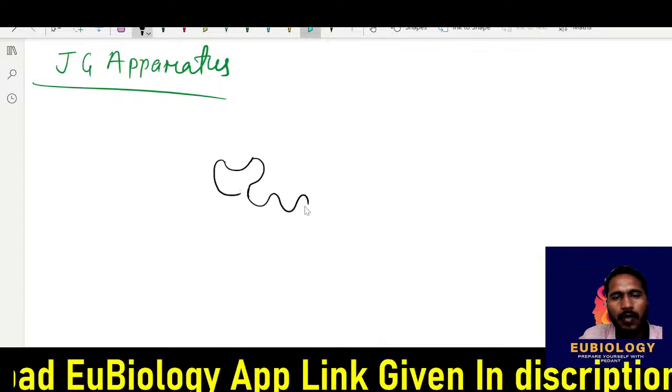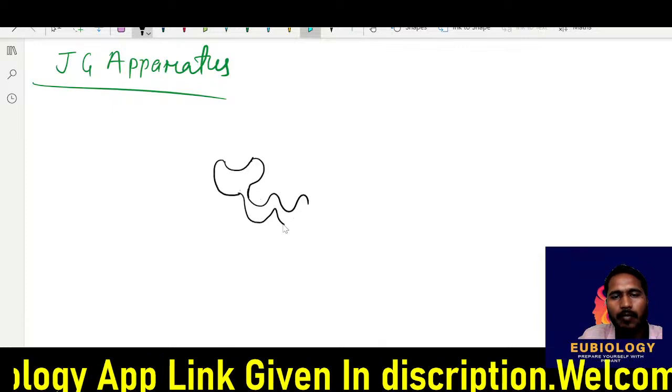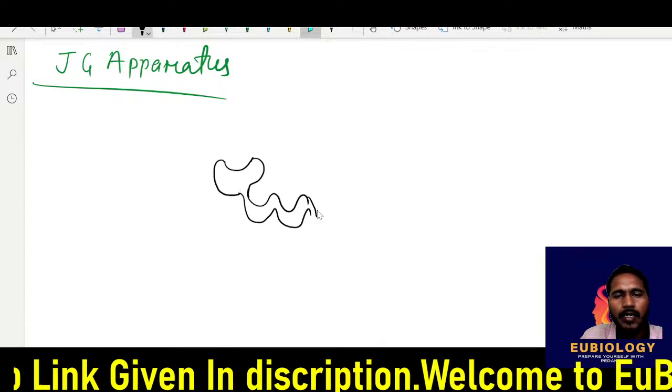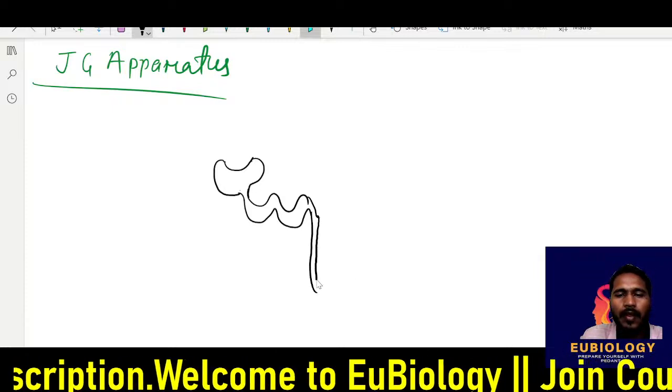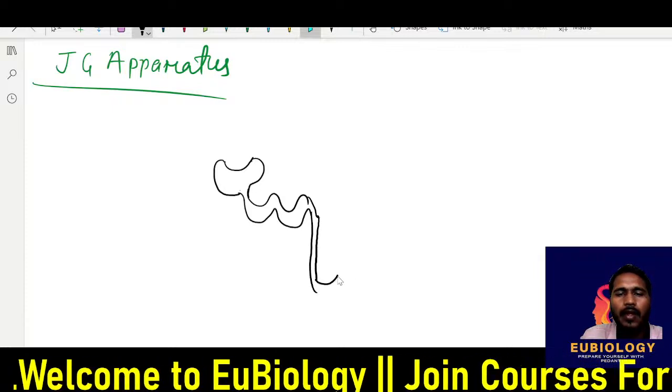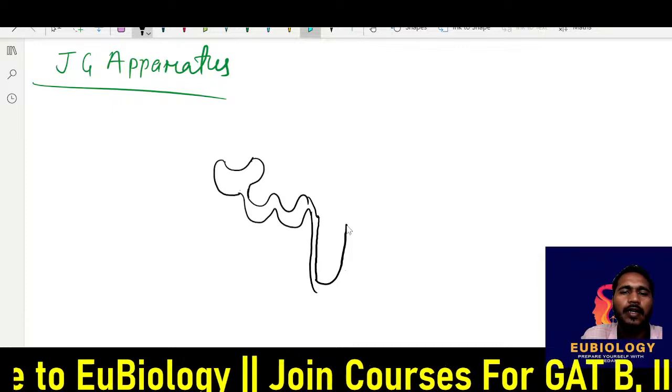This is the Bowman's capsule. This is the PCT, then the loop of Henle, and this is the DCT.